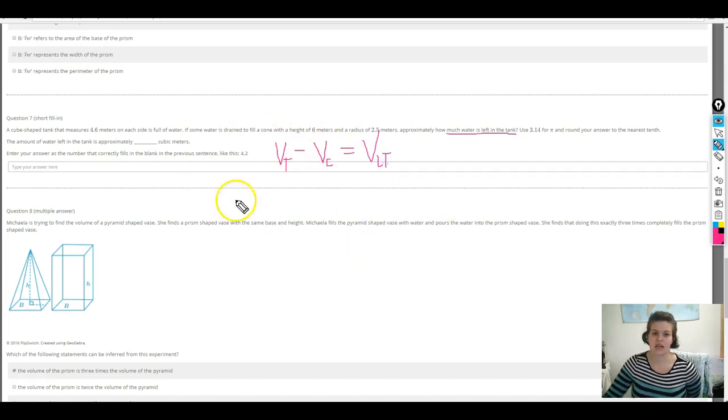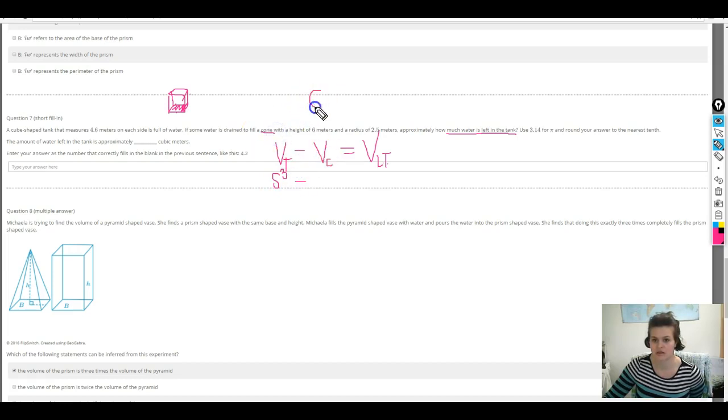So the volume of the tank, since it's a cube, we know our base area of a cube is a square. And the height is also the same for a cube. And so the volume of our tank is going to be side times the base area, which is side, times our height, which is s cubed, minus the volume of a cone.